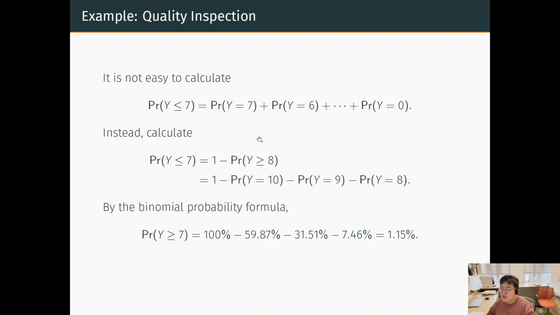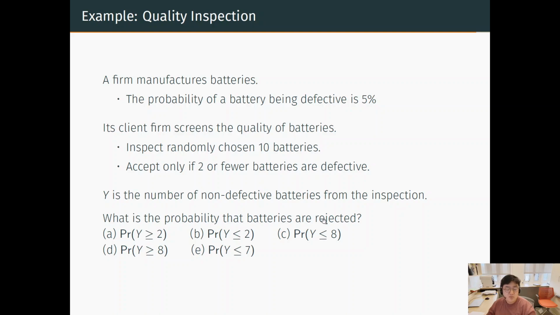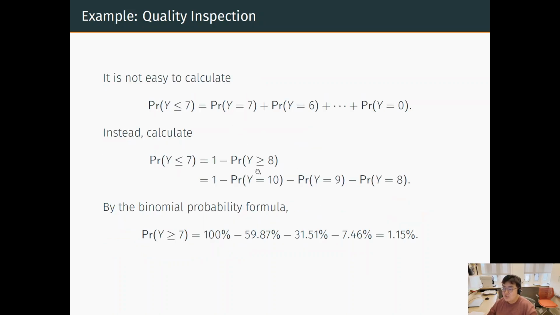I would calculate 3 probabilities instead of 8 and just subtract from 100%. So here I am calculating the probability of rejection. But I don't need to calculate this. I may calculate the probability of acceptance, and then the flip side is the rejection probability. So in this case, as you can see, calculating the acceptance probability is easier because it only needs 3 probabilities.